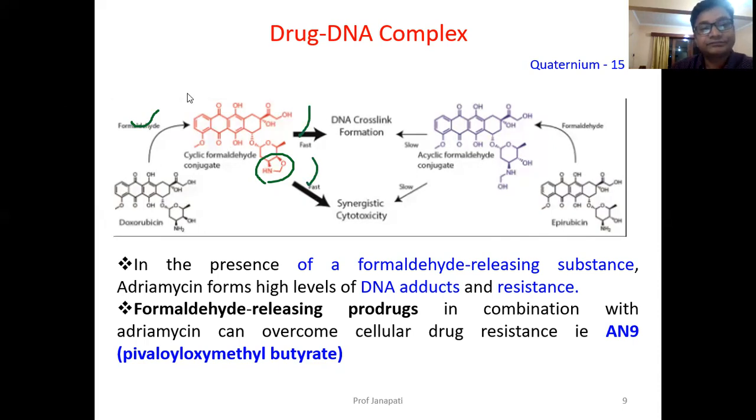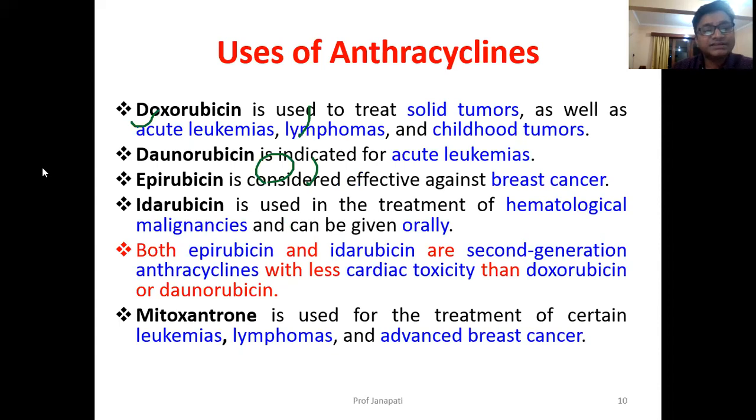Now, uses. Let us learn some of the uses of these anthracyclines all at a time. Doxorubicin is used to treat solid tumors, benign tumors you can tell, as well as leukemias, lymphomas, and childhood tumors.